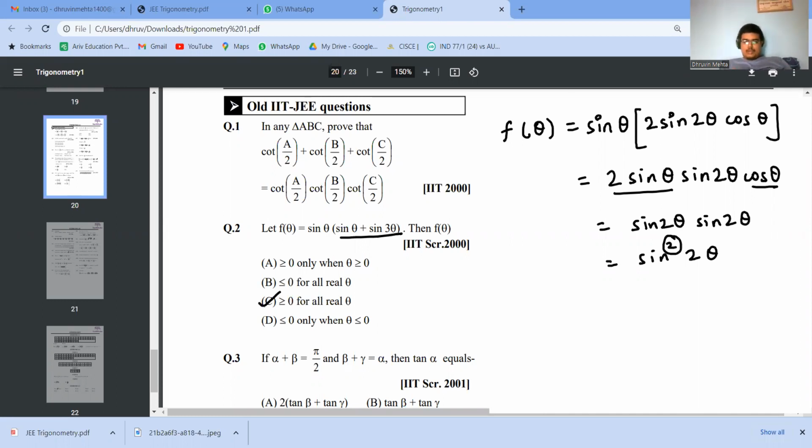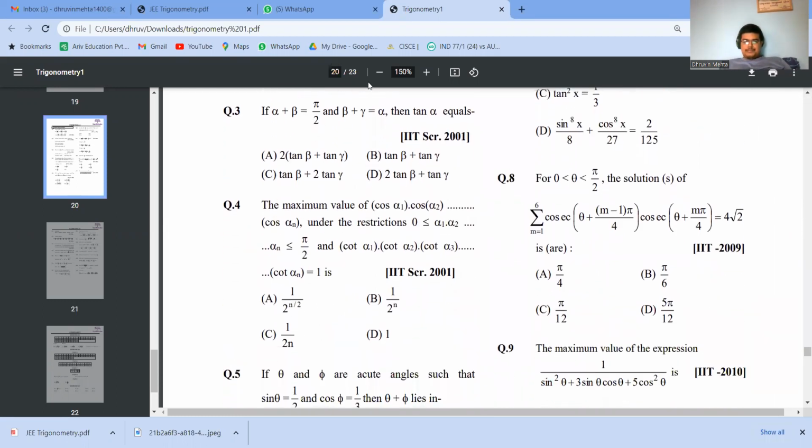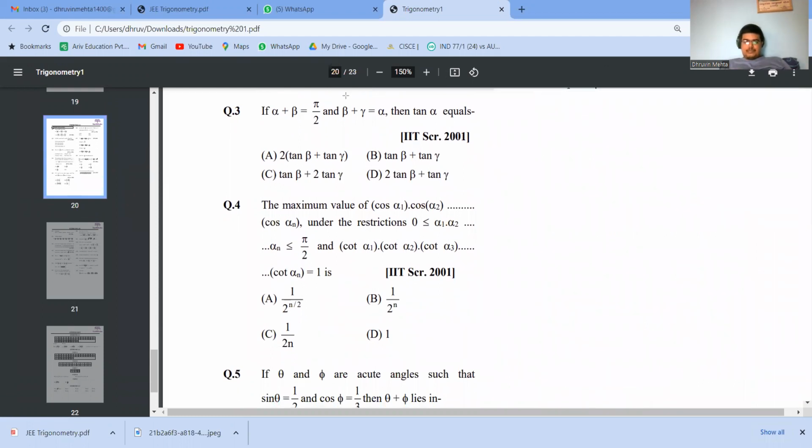Next, the third one. Alpha plus beta is equal to pi by 2. Beta plus gamma is equal to alpha. So define tan alpha in terms of beta and gamma.